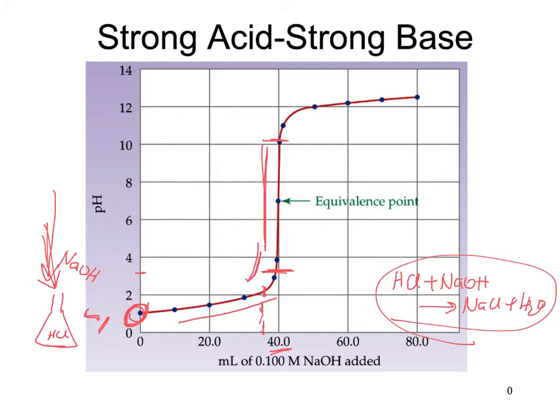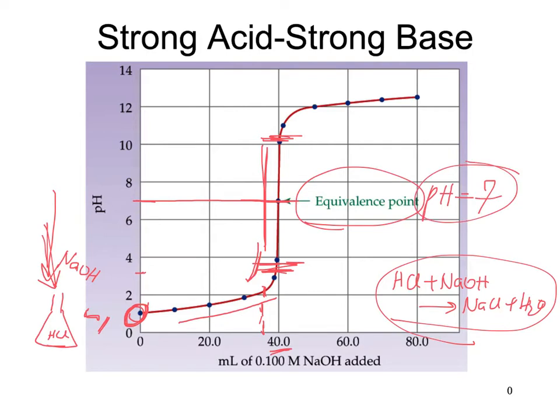That's dramatic. So this point of inflection that you see right over here, the middle point of that is going to be called the equivalence point. Now, because you have a strong acid, strong base system, in this particular case you can safely say that the equivalence point is going to lie exactly at a pH of 7.